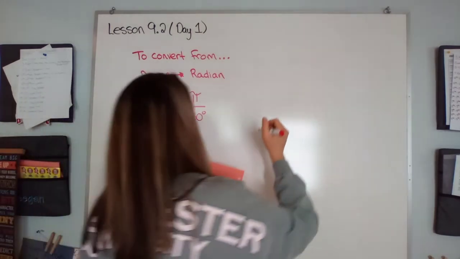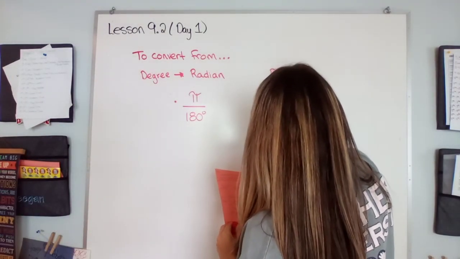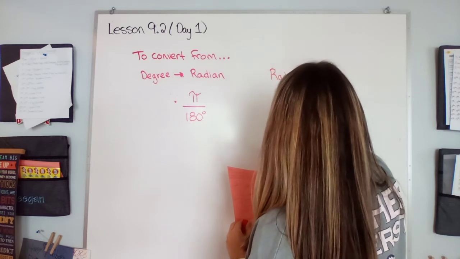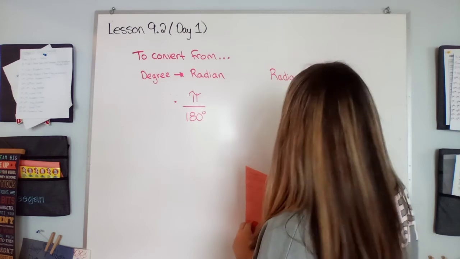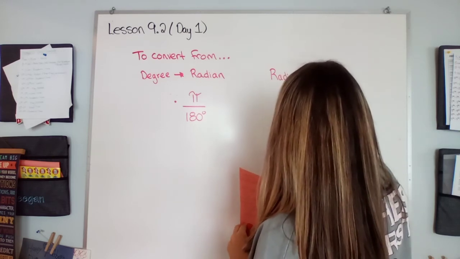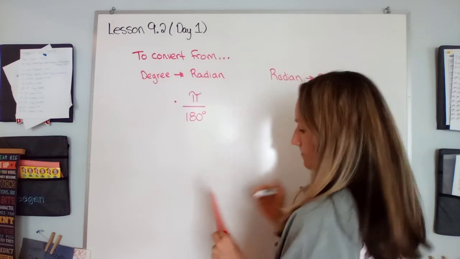If you're trying to convert from radian to degree, you're going to multiply by the reciprocal. And it's actually easy to remember which one to use once you see the problems.